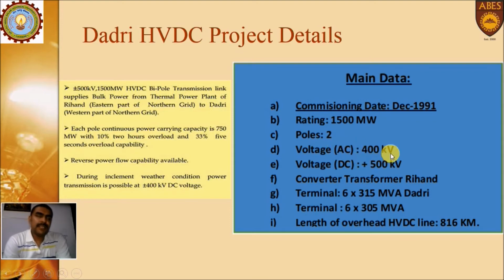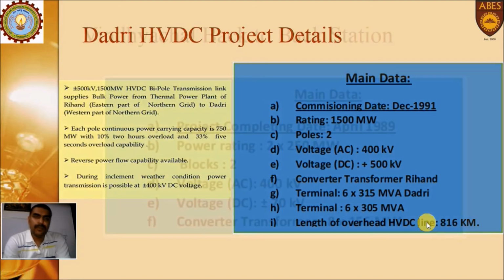Voltage AC side is 400 kilovolt, DC side is plus minus 500 kilovolt. The converter transformers at Rihand terminal are 6 at 315 MVA, and at Dadari terminal are also 6 with 305 MVA, and the length of line is 816 kilometers.